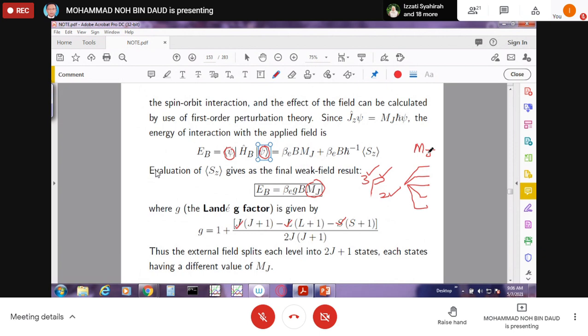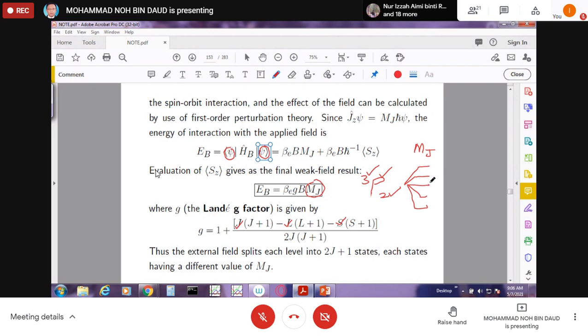So when we introduce the magnetic field, the energy splits into 2J plus 1 states.